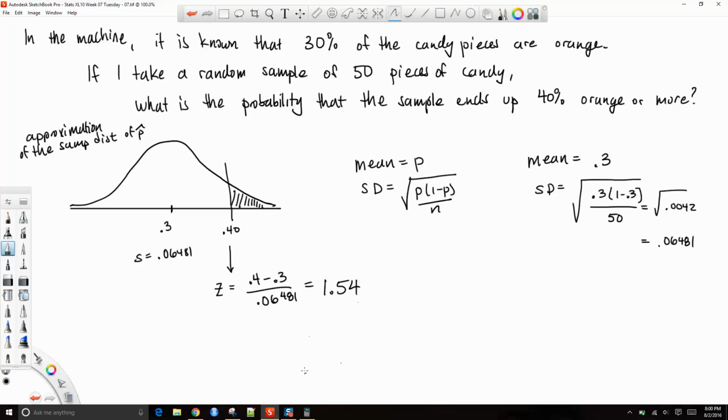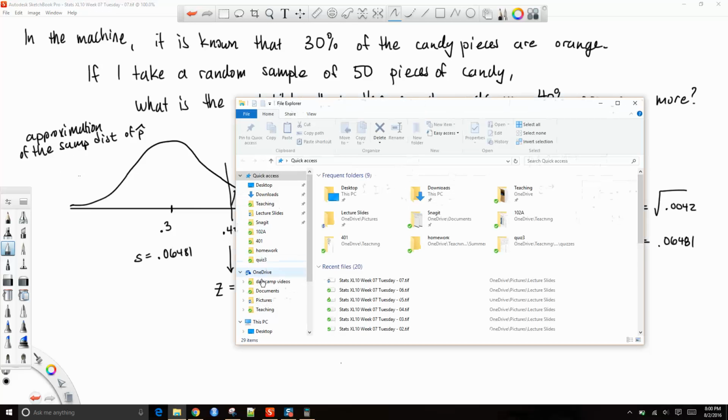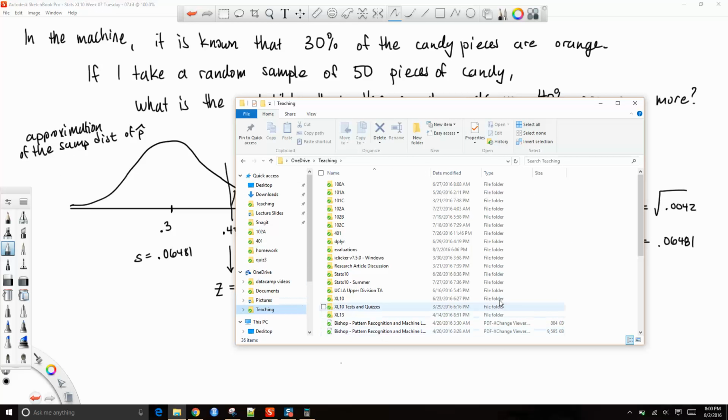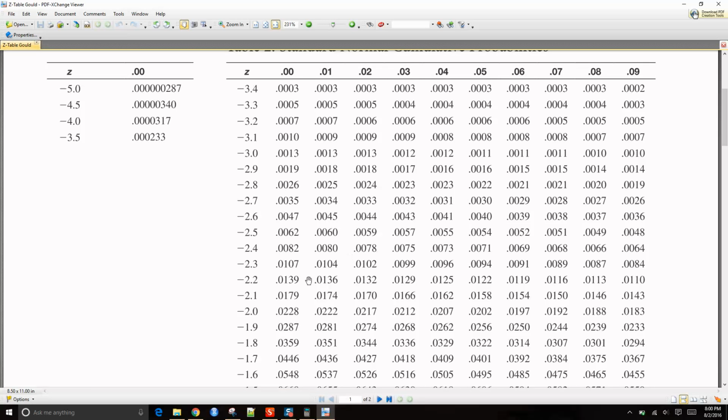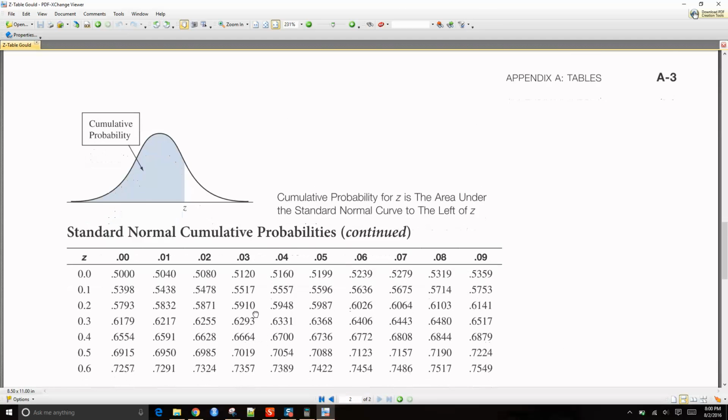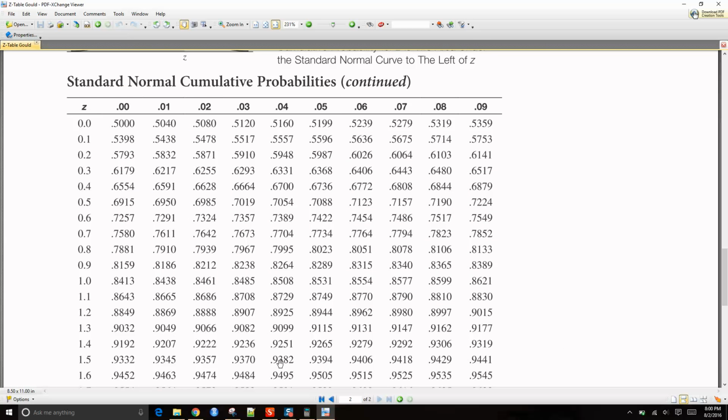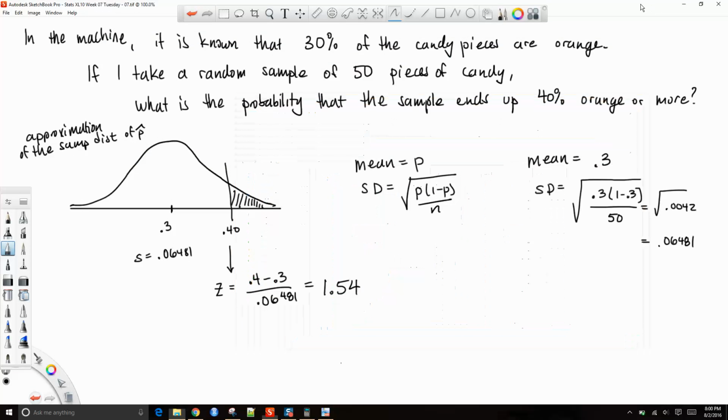So z is equal to 1.54. I'm going to look this up in the table. We go to 1.54, and I get 0.9382. So I get the area to the left.